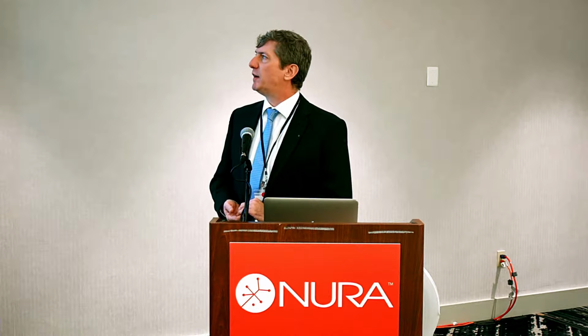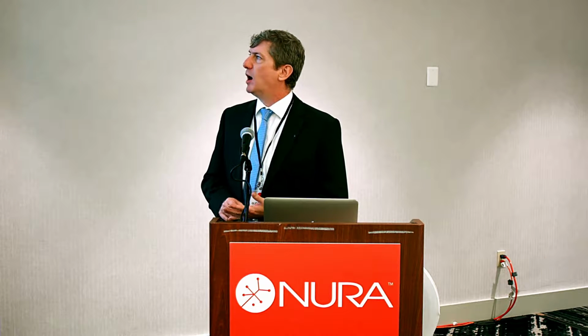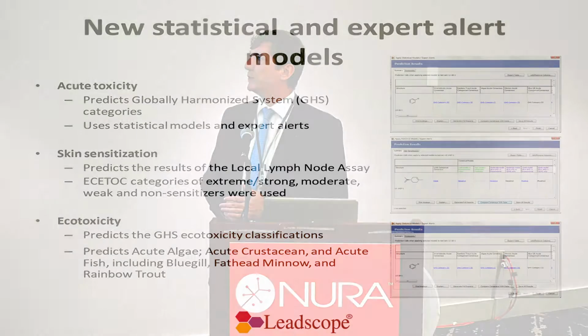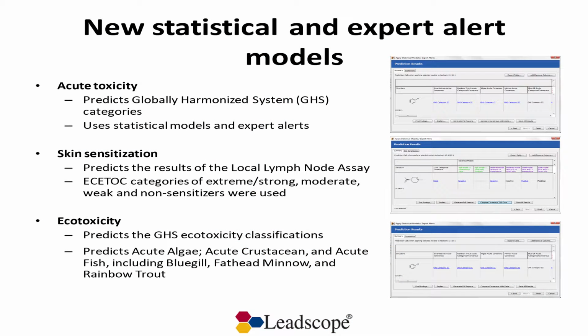More recently, we've developed models to predict for classification purposes. The first one is an acute model that predicts GHS, or Globally Harmonized System, categories for acute toxicity, with the idea that it could be useful in transportation or other classification and labeling purposes.